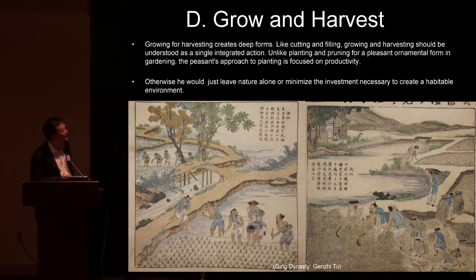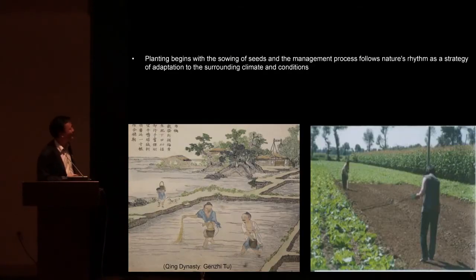Unlike planting and pruning for present ornamental form in gardening, the peasant's approach to planting is focused on productivity. Otherwise, he will just let nature grow, with no bother to invest any energy to create any form.